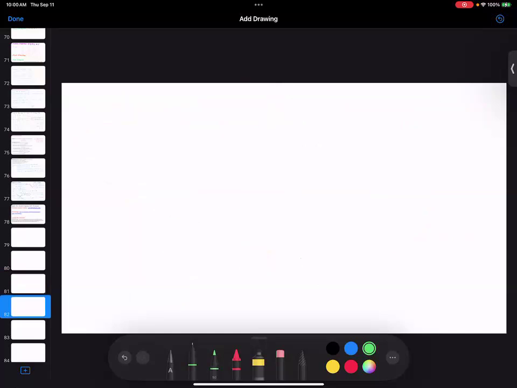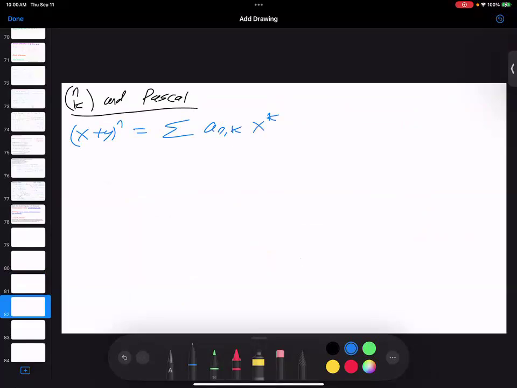So if you want to think about this connection, so n choose k and Pascal. If I give you x plus y to the n, this is going to be the sum of some coefficients a_{n,k}, x to the k, y to the n minus k, where k goes from either 0 to n or n to 0.